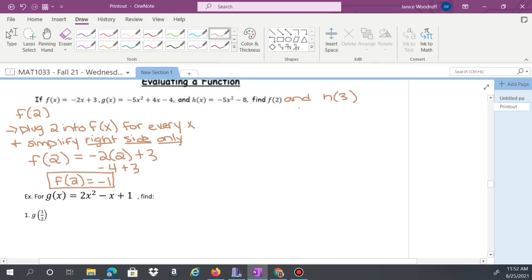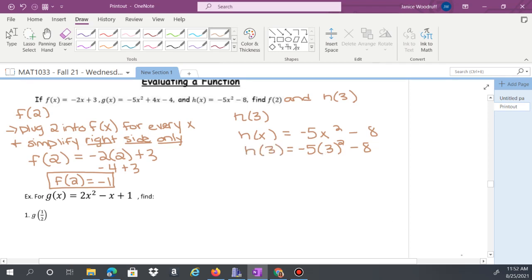Okay, and then let's do h of 3. So this says go to the h of x function and plug 3 in. So our h of x function is negative 5x squared minus 8. So that means we're plugging 3 in for our x value here. And then we're going to simplify.